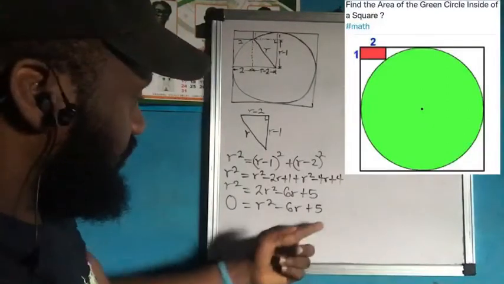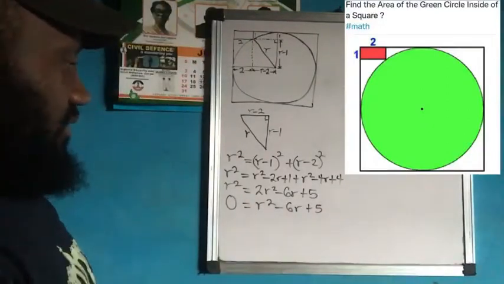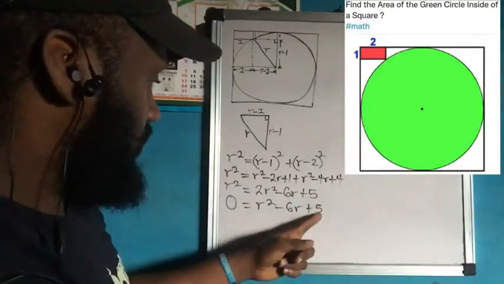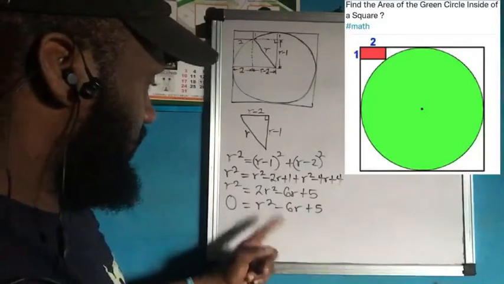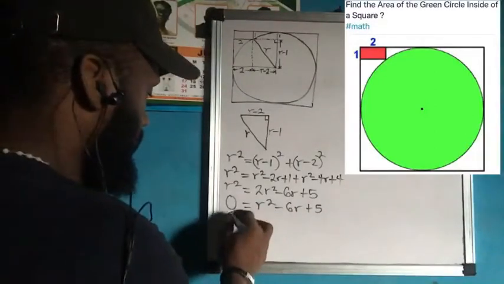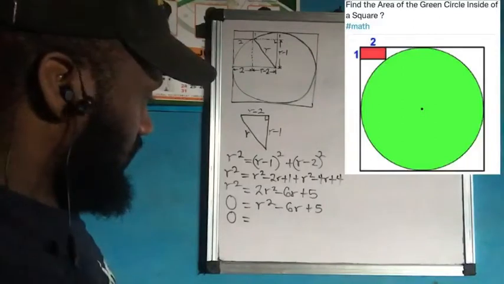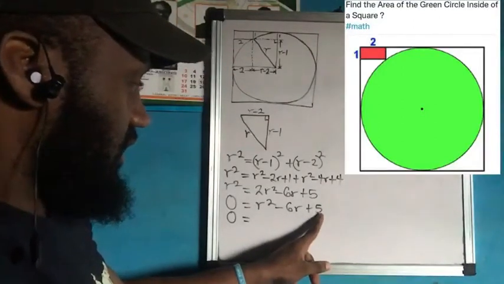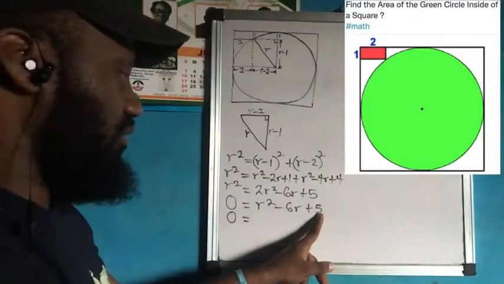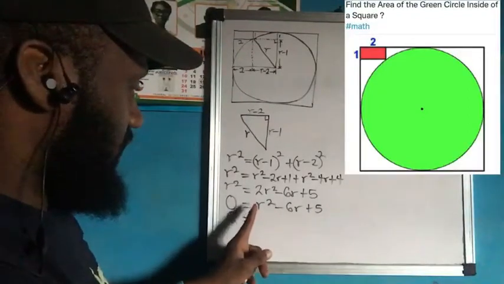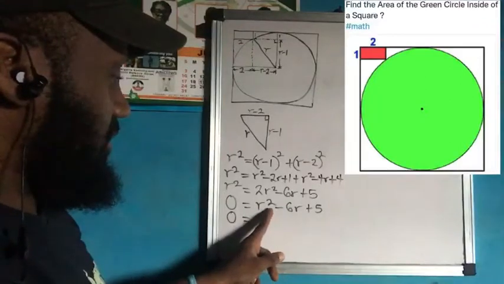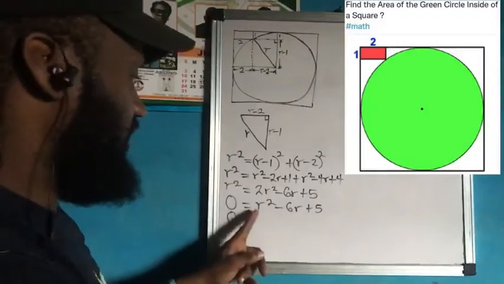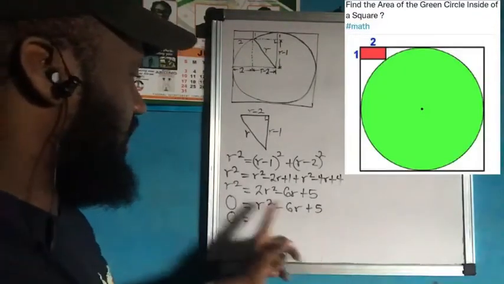Alright, so let's factorize that. Simple factorization. This constant value that doesn't have the variable, multiplied by the term that has the variable to power 2, that's the variable squared, gives us 5r squared.